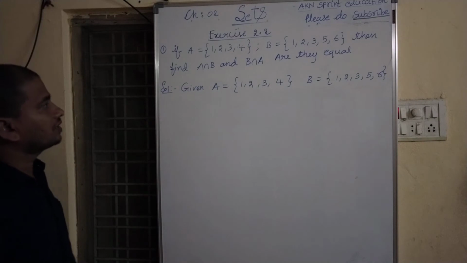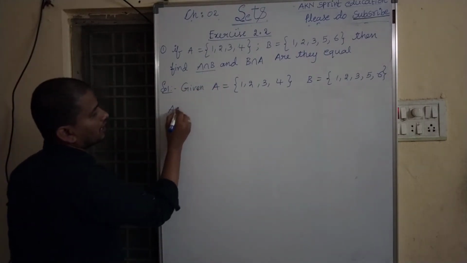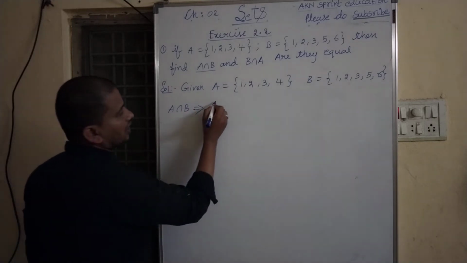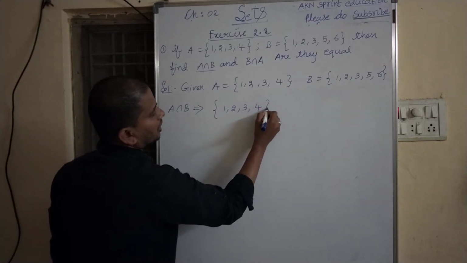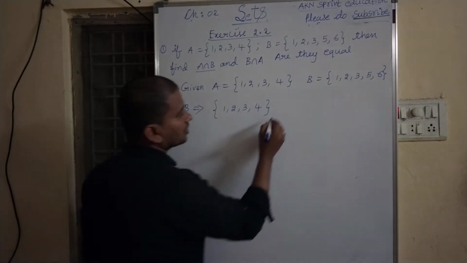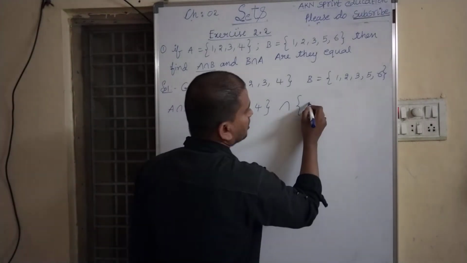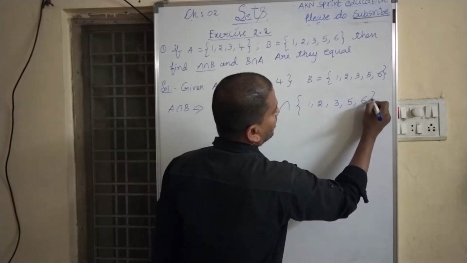The first question, we have to find A intersection B. A is 1, 2, 3, 4. Intersection B is 1, 2, 3, 5, 6.